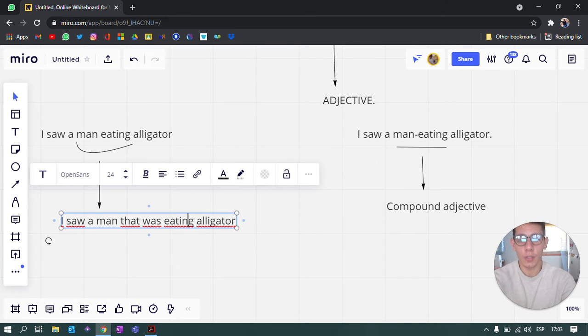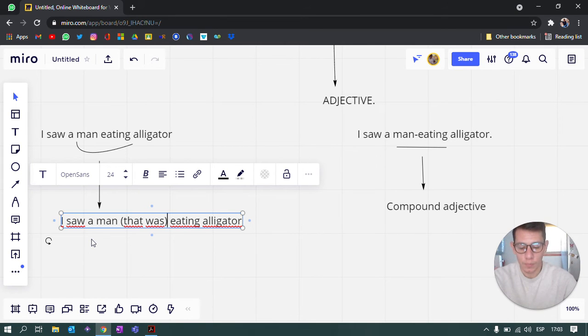In order to follow the economic principle in English, it's not necessary to say that was, because it's obvious. So we say in English, I saw a man eating alligator, and that means I saw a man that was eating alligator. So we are in the presence of a verb. This case is in the past continuous.